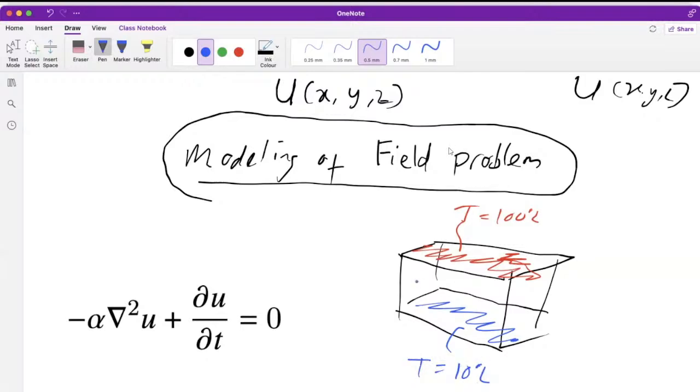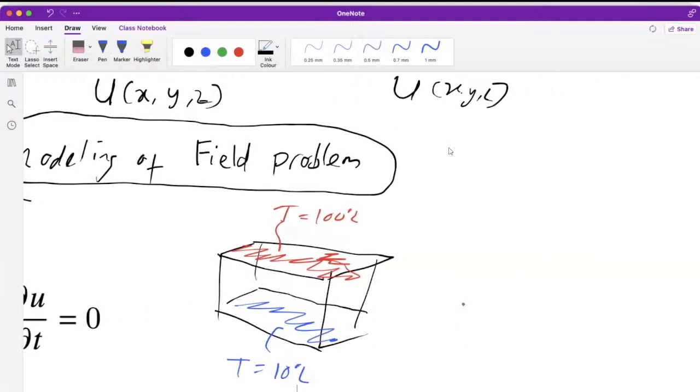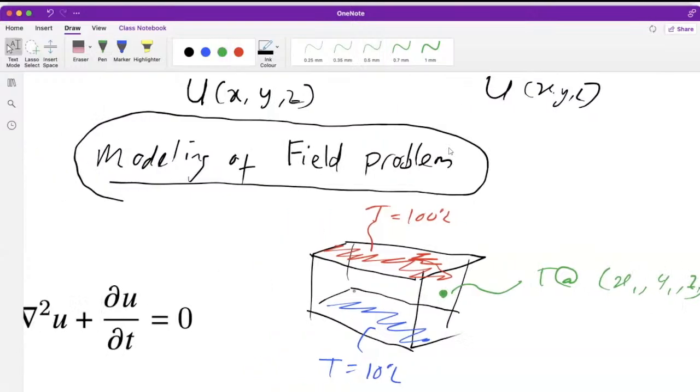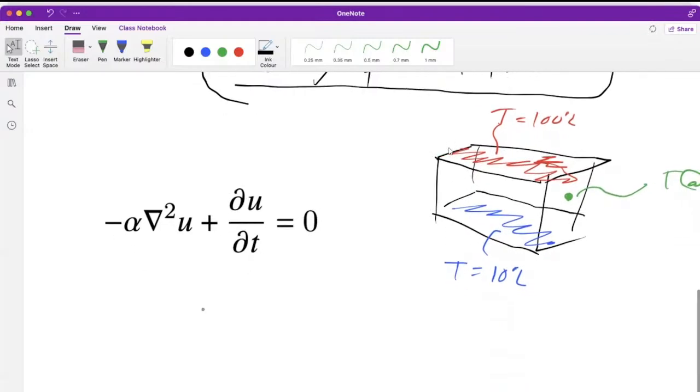And then you have different conditions at other surfaces here. If I want to know the temperature at, say, a certain X1, Y1, Z1 here, how do I solve this? It comes from these equations.